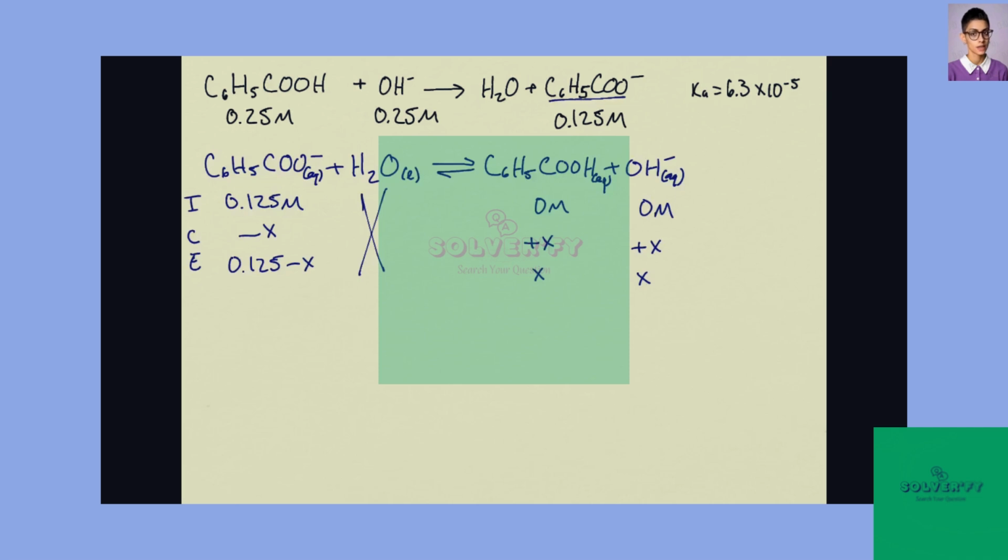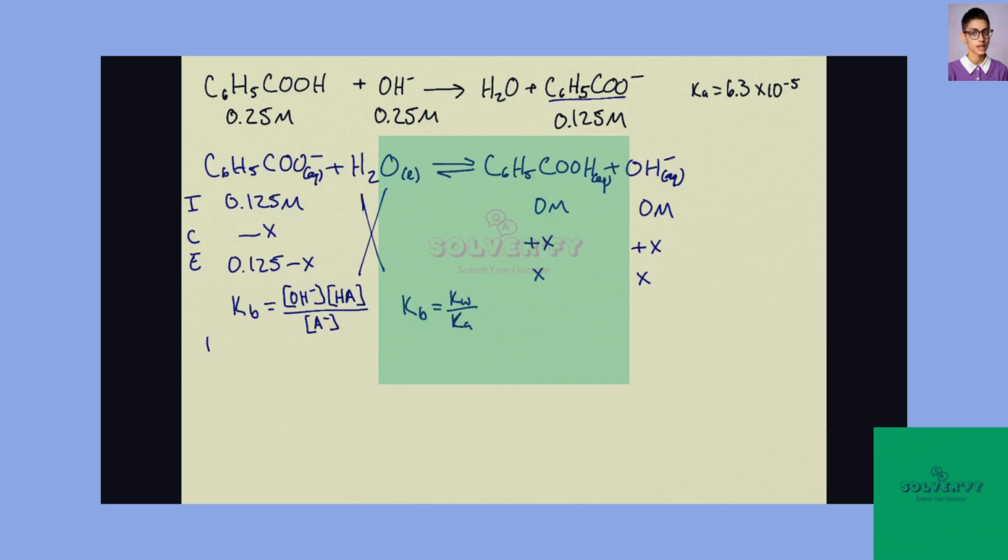Now we know that Kb is equal to the concentration of hydroxide times the concentration of the weak acid over the concentration of the weak base. We also know that Kb is equal to Kw over Ka, and we have all of these values in order to solve for Kb.